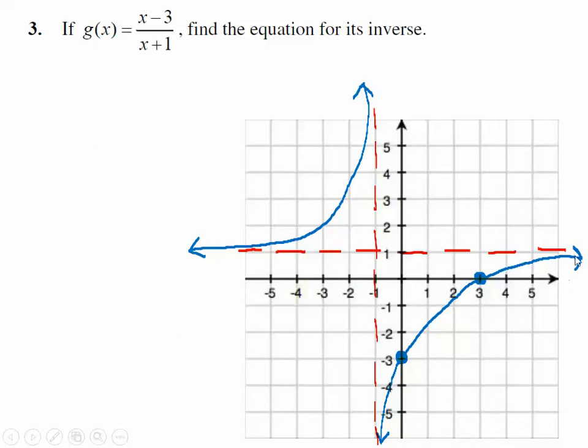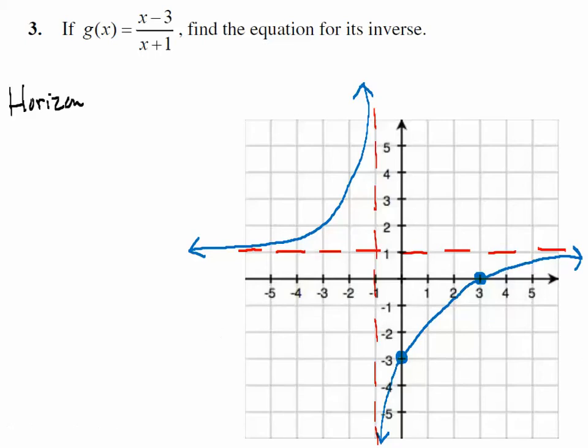Going on, this one's also going to pass the horizontal line test. Again, it's climbing up to y equals 1, but there's never a time where it actually turns around and goes back down. That's when we have problems. We have problems when there's parabolas. Parabolas are problems because then they turn around. So yes, this one does pass the horizontal line test.